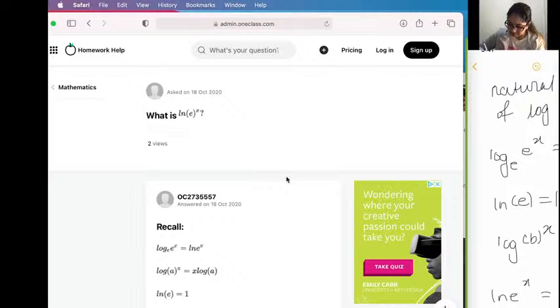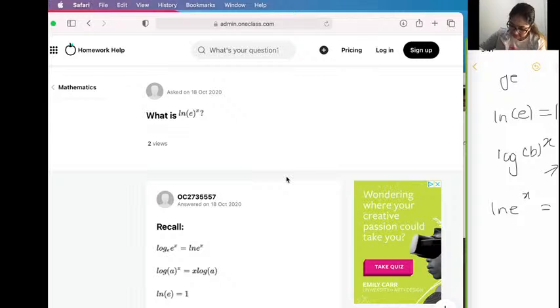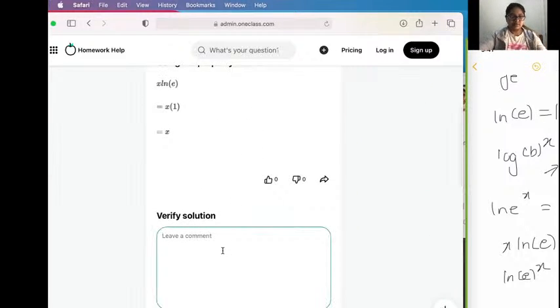Since we're just using this formula right here, what we get is x ln of e, which equals, since ln of e is equal to 1, x times 1, which ultimately equals x. And so the answer to the question is that ln e to the power of x is equal to x. And this is yes.